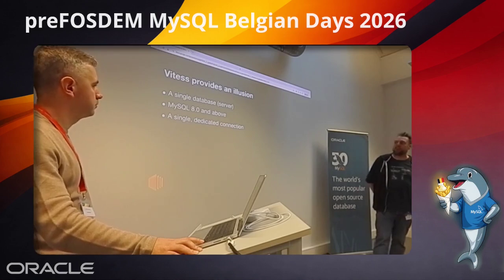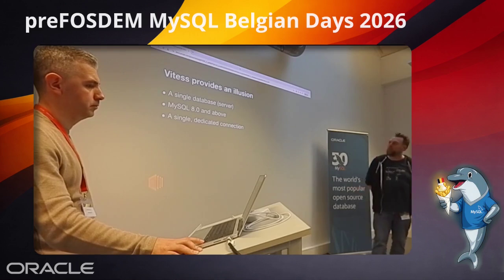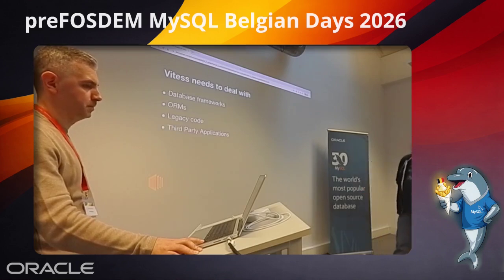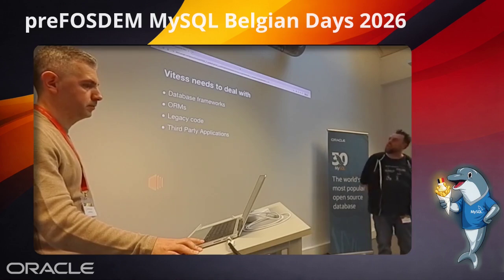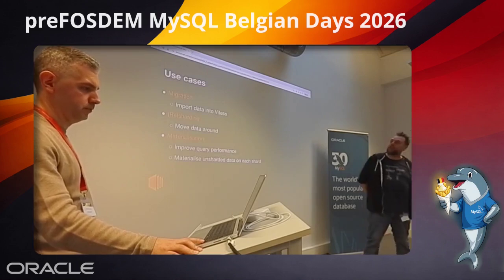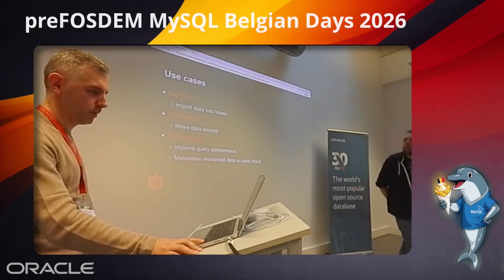It used to support 5.7 as well, but since that's already end of life, and we're going to 8.4 now, we're not talking about it anymore. It looks like a single dedicated connection, while in fact you might be querying hundreds of servers. Vitess needs to deal with all these third-party tools and frameworks. And that brings us to vReplication, which is a very important and useful feature in Vitess.